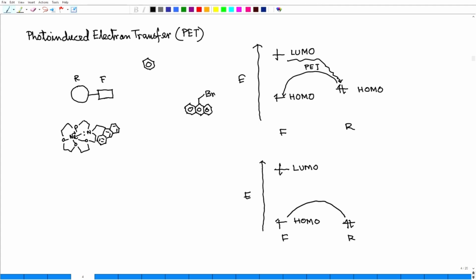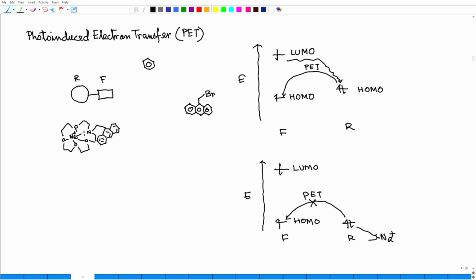It cannot go here. Why? Because it is already bound to the sodium ion, already engaged. It cannot go here. So, PET is not possible anymore.